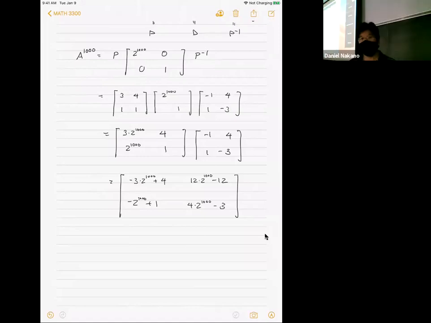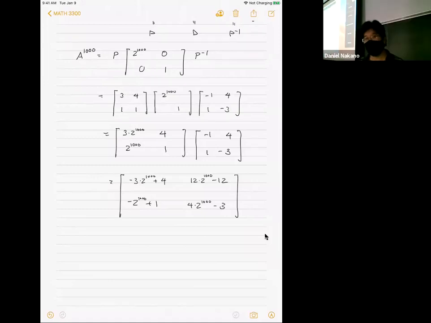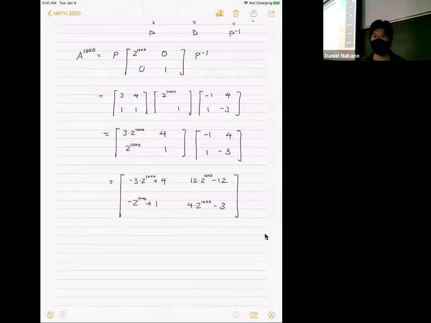Well, I think multiplying 3 matrices is not so bad compared to multiplying a matrix times itself, let's say 1,000 times. Right, okay, that makes sense. The whole point is that the diagonal matrix is super easy to compute to the 1,000th power. You just raise each entry to the 1,000th power. And then you just have to matrix multiply the other side, right? Three matrices multiplied together.